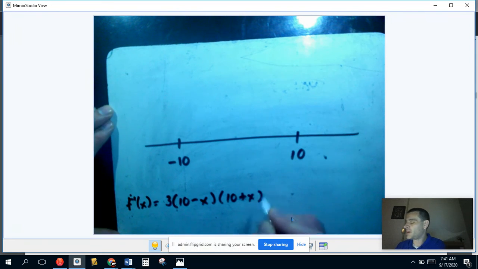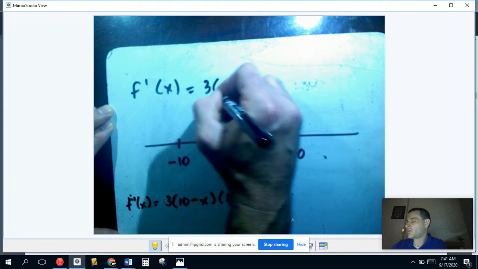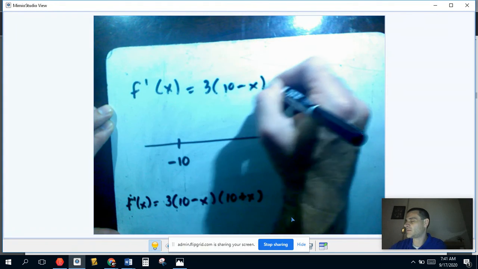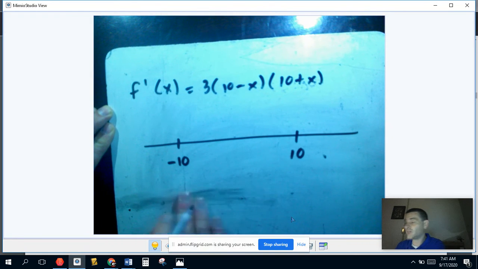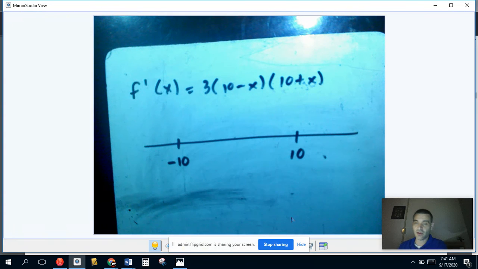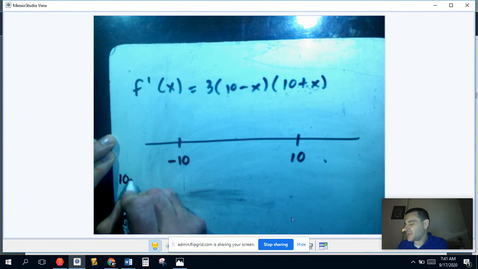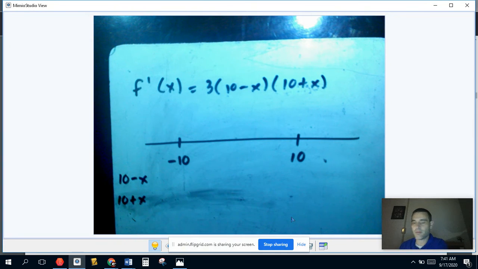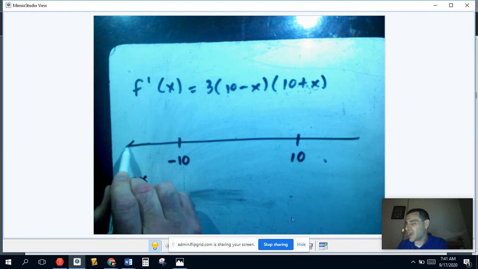Maybe I should put it up here instead. And again, that 3 will always be positive, so it isn't really relevant here as far as our signs. But both 10 minus x and 10 plus x have the potential to be either positive or negative. So I asked myself, this is what we call a sign line.